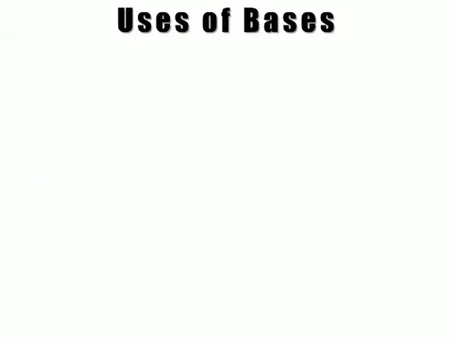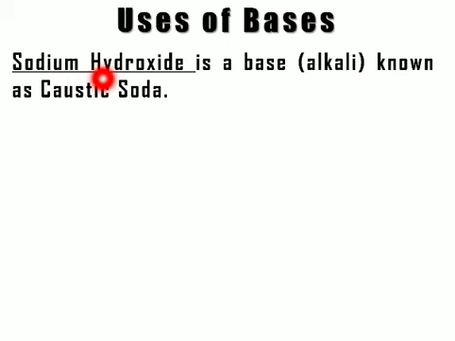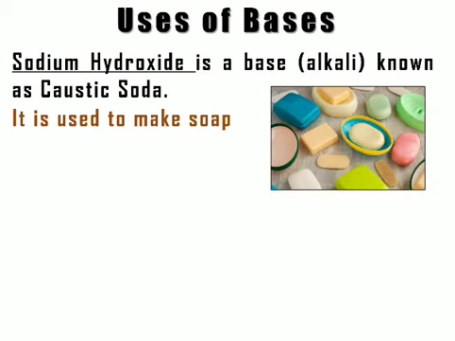Similarly, there are other bases like sodium hydroxide. We have seen sodium hydroxide many times in our videos in reactions. Sodium hydroxide is a metal hydroxide, also known as alkali, and commonly known as caustic soda. Remember, it is used in the manufacturing of soap. How we can make soap, we will see in the next video, that is the last video.